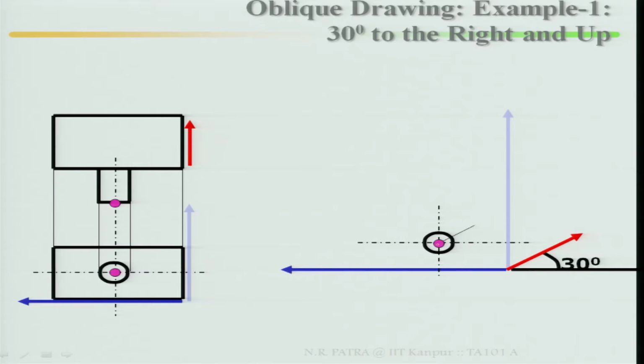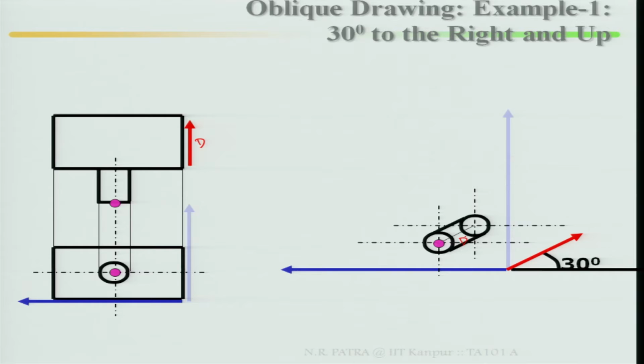Similarly, in the depth direction, go towards the depth and take the measurement of the depth. Again locate the center of the circle, then draw the circle. This is the inside feature.